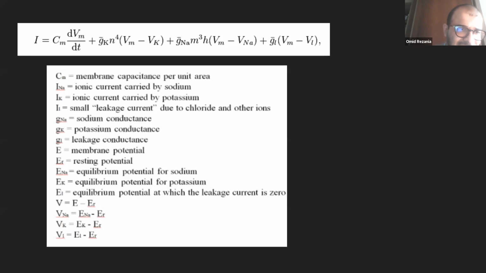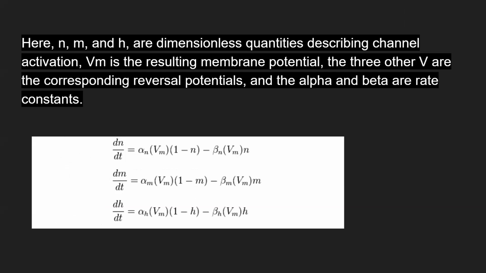What are M and N, Rose? M and N? Yeah, we have M cubed, N to the power 4. N, M, and H are dimensionless quantities describing channel activation, and Vm is the resulting membrane potential.